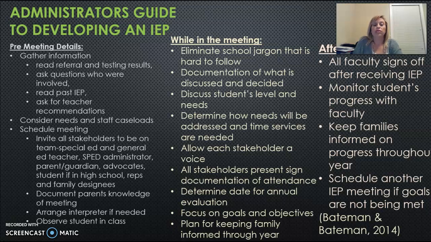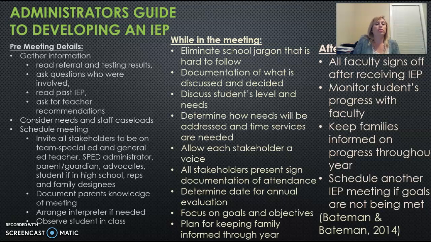Schedule the meeting, make sure to invite all the stakeholders, including special ed and general ed teachers, SPED administrators, parent guardians, advocates, students if they're old enough and in high school, representatives, and family designees. Then document parents' knowledge of the meeting, arrange for an interpreter if you need to, and observe students in class.